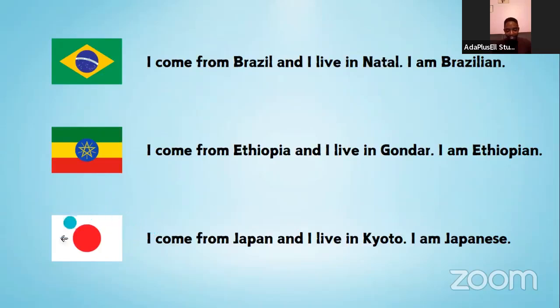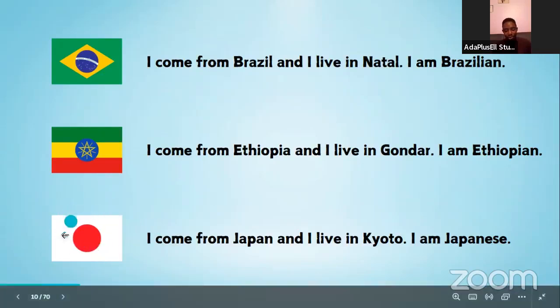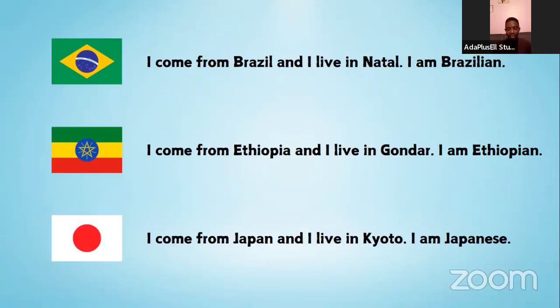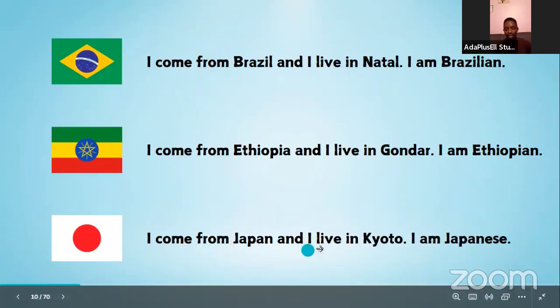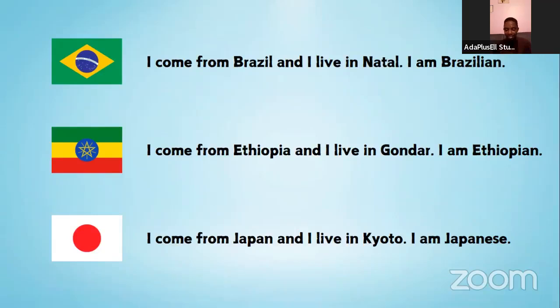And then we have a flag here for Japan, which is white, and in the middle, it has a red circle. And the person is Japanese. So he comes from Japan and lives in Kyoto. So that is his nationality. He's Japanese.